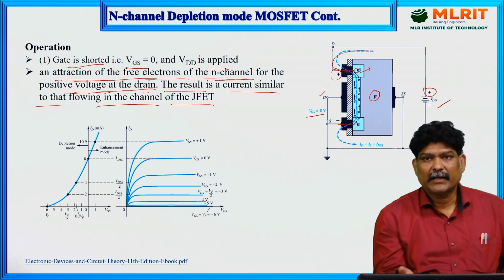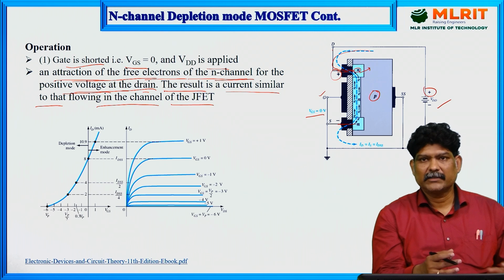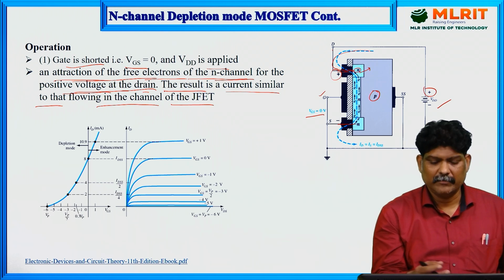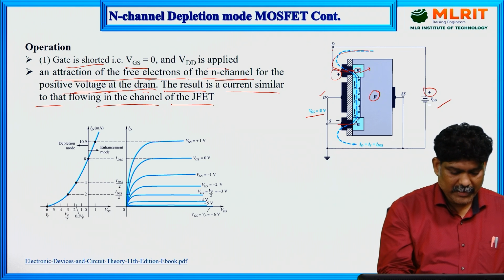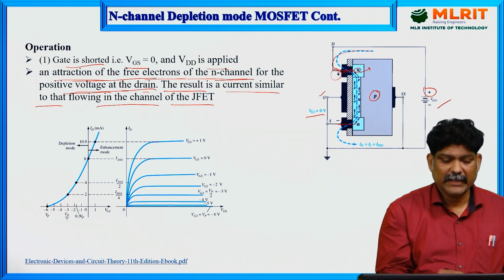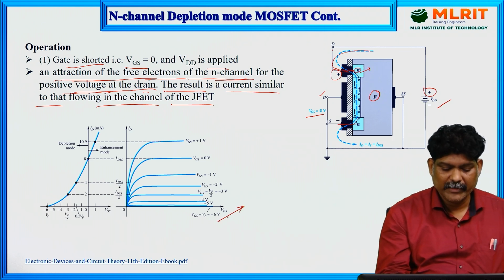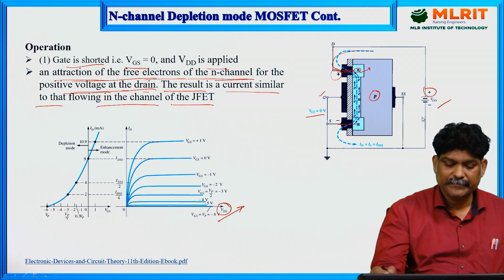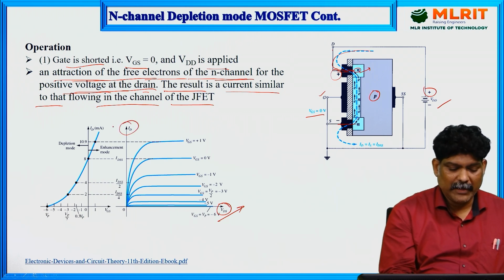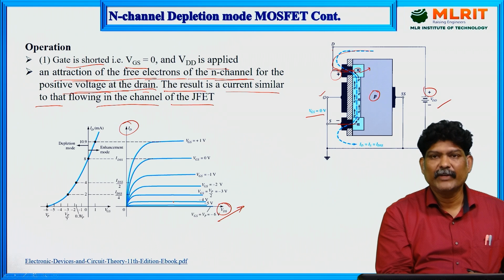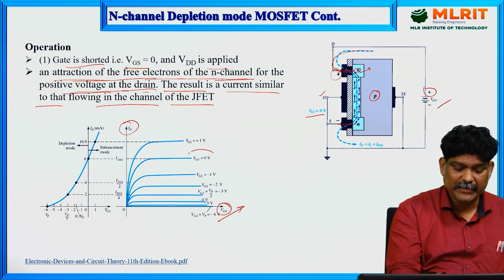If you compare the characteristics of JFET and MOSFET, they are almost similar. You can observe the output characteristics, the graph drawn between VDS and the output current ID. Initially we consider VGS equal to 0.